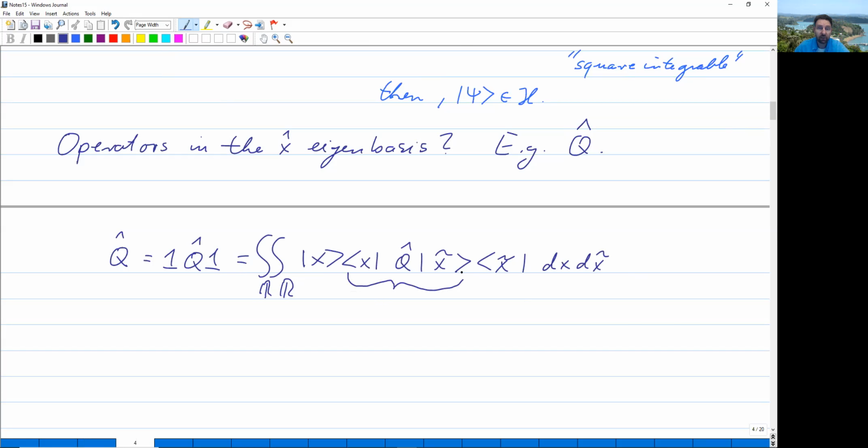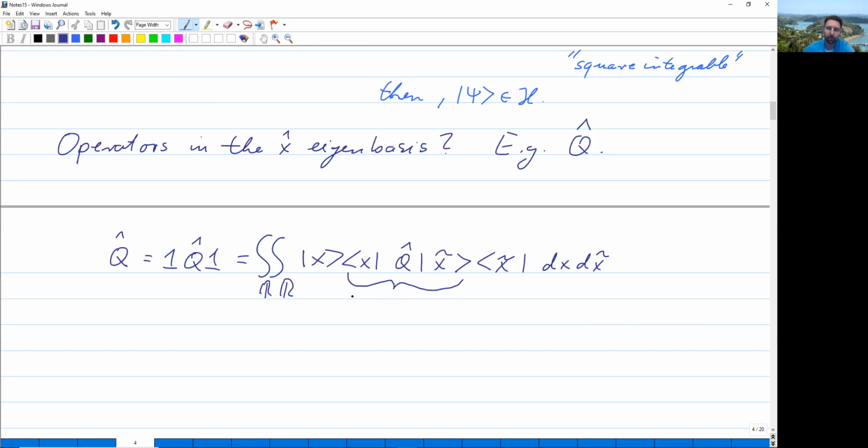If we had chosen a discrete basis, then this would be Bn, this would be Bm, and therefore this would be a matrix element. We still speak of matrix elements informally, even when dealing with a continuous basis.